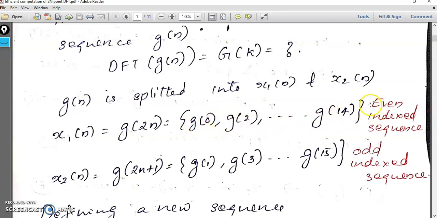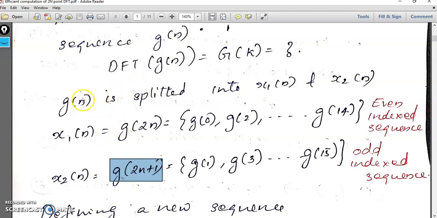In general it can be denoted as g of 2n. The next sequence, x2 of n, is the odd indexed sequence, that is g of 1, g of 3, till g of 15. In general it can be denoted as g of 2n plus 1.